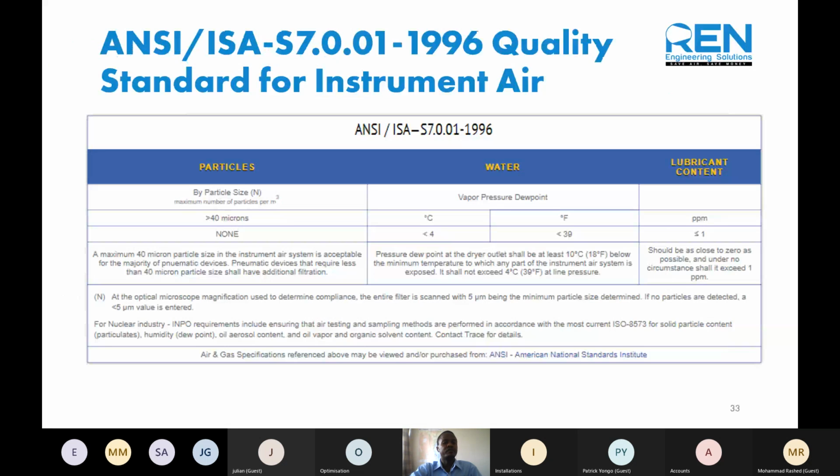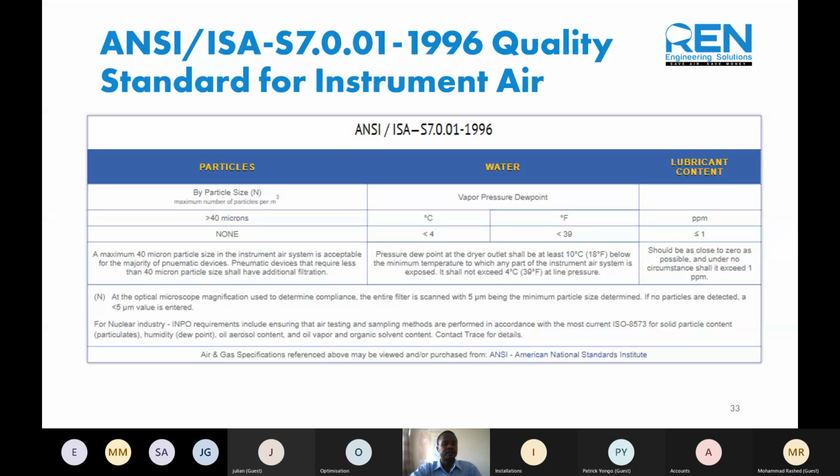This is an example of the quality air standard for instrument air. As we said, instrument air never comes into contact with your products. So the standard for particles is a maximum of 40 microns is okay.